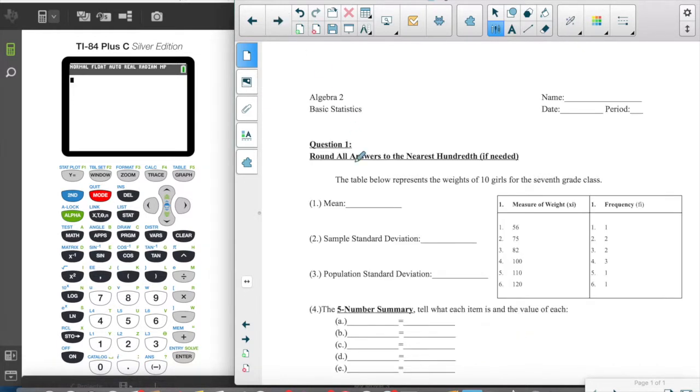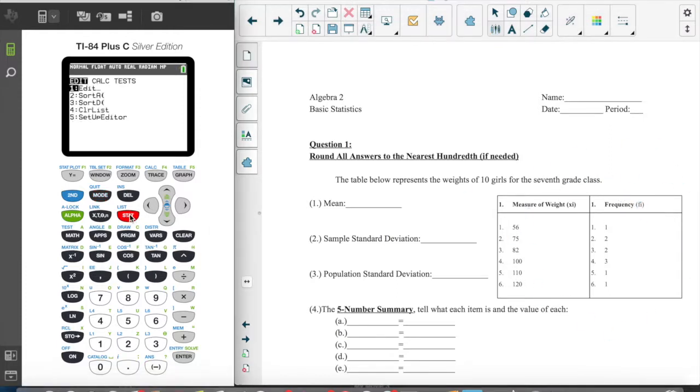So now that we understand these, we're going to go through and do a couple problems with it. The first one we're going to do is take this and input it into the calculator. You're going to go stat and edit.